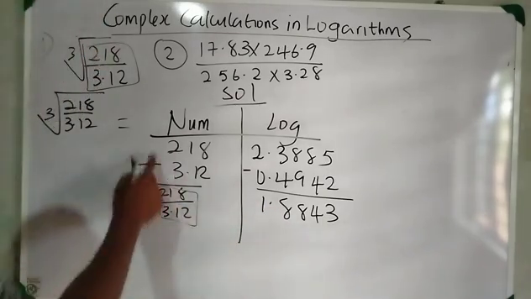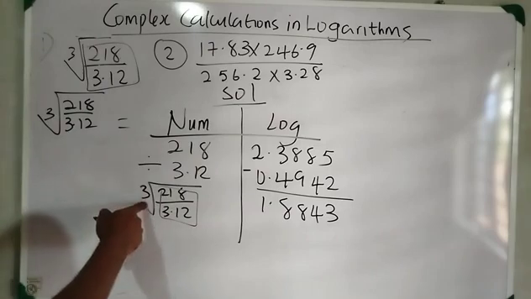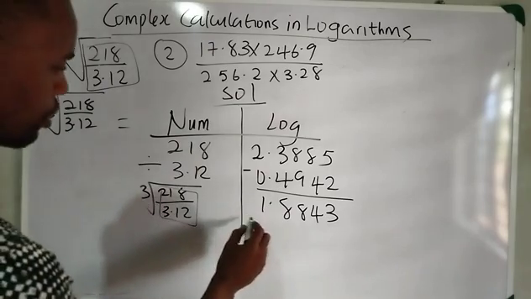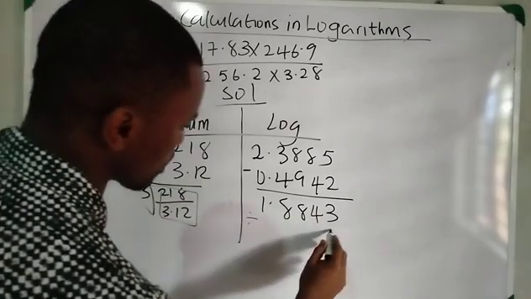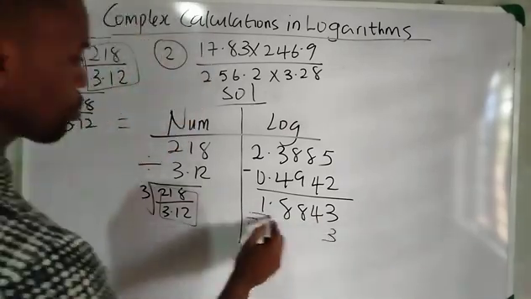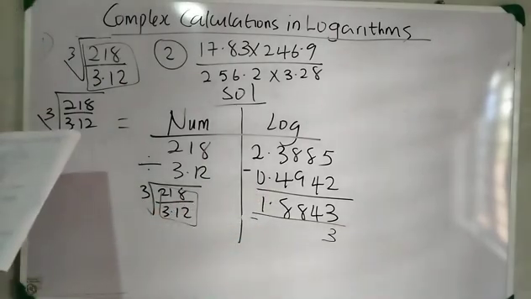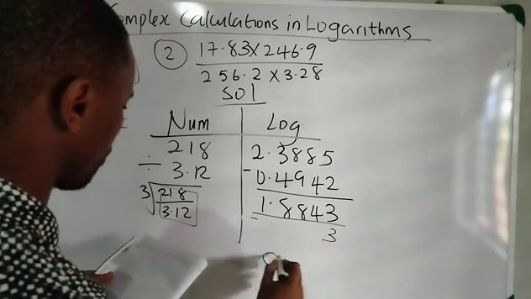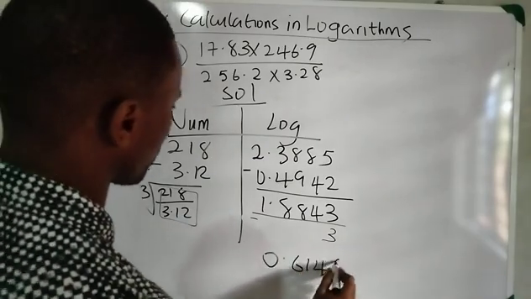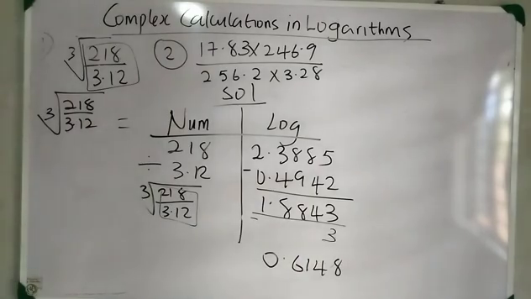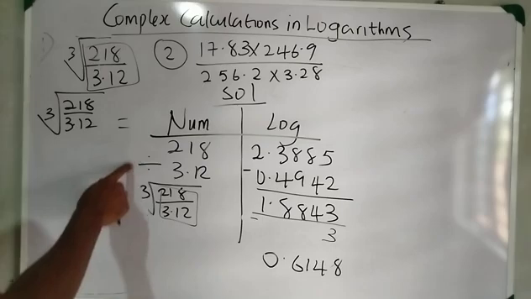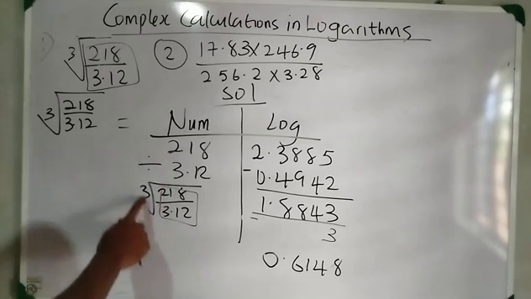So when you are looking for the roots of a number, what happens to the logarithm? The logarithm divides by 3. So you're going to divide 1.8843 by 3. And when you do that division operation, you are going to have 0.6148. At this junction, you have taken care of both the division operation in the question and the roots operation.